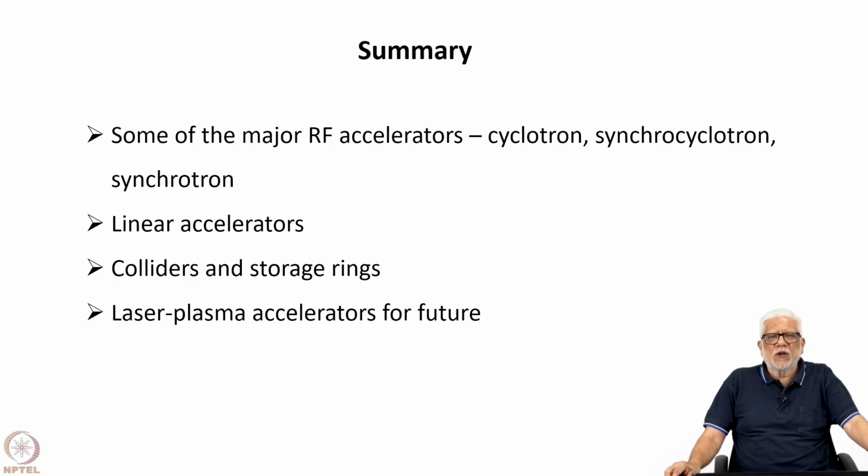Then we have talked a little deeper into linear accelerators, then colliders, storage rings, and one kind of accelerator for the future, namely the laser plasma accelerator, which could take us to even higher energies rather than just building bigger and bigger synchrotrons.